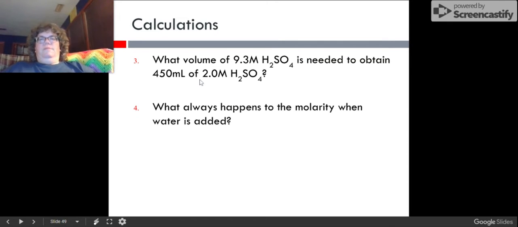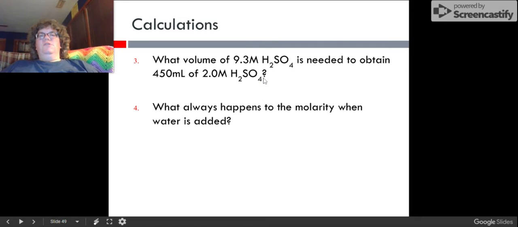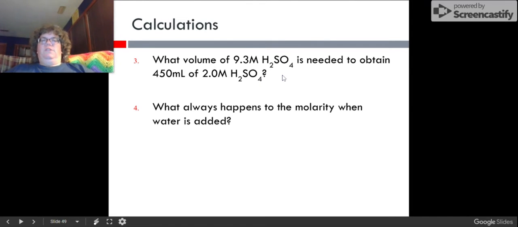Here's another problem. This time, we're going to find volume. It says, what volume of 9.3 molar sulfuric acid, H2SO4, is needed to obtain 450 milliliters of 2 molar sulfuric acid?